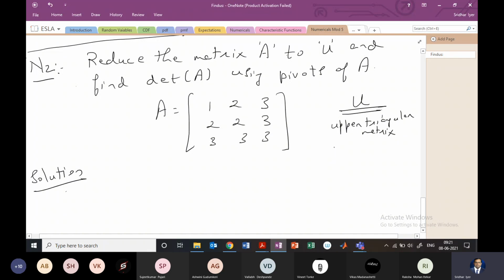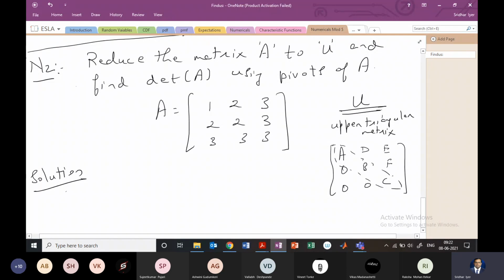I had explained to you what an upper triangular matrix is. An upper triangular matrix looks like this. If you have A, B, and C as the diagonal elements of a 3x3 matrix, then all the elements below the diagonal need to be 0. These elements here could be anything else, but this is the diagonal A, B, and C, and the elements below that diagonal need to be 0, right?